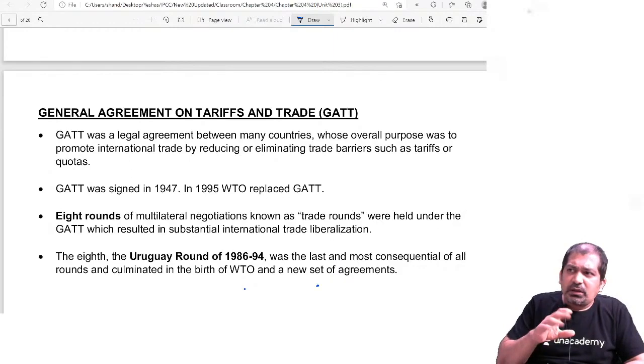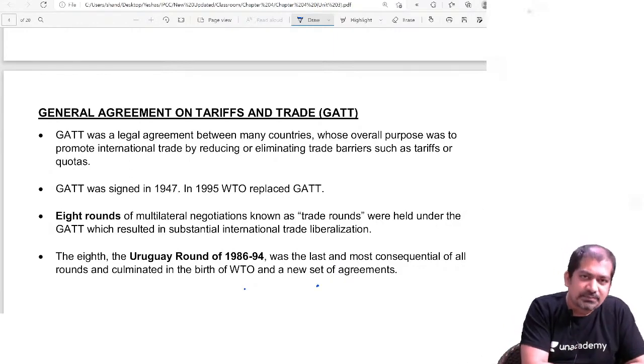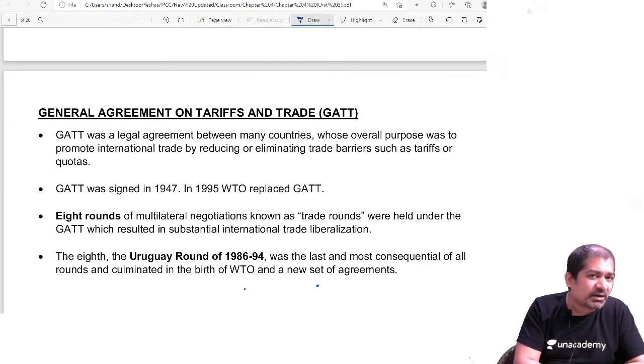On the export and import of services, there was no agreement. There was no rule with regard to them, and services played a very important role. For example, in India, 60% of our GDP comes from the service sector, and the secondary and primary sectors combined give 40%.